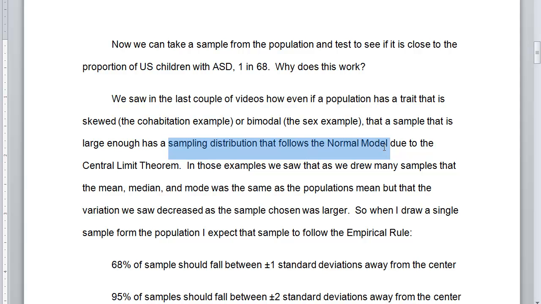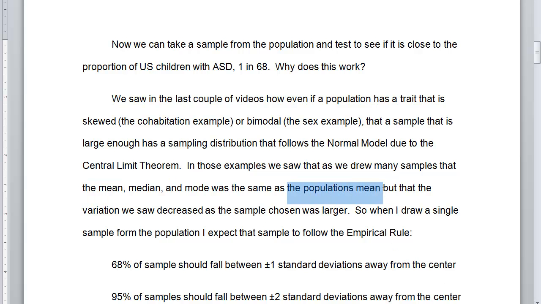In those examples, we saw that as we drew many samples, the mean, median, and mode were the same as the population's mean, the population's center proportion, but that the variation we saw decreased as the sample chosen was larger. I actually chose a really large sample for this particular example, but the samples fall near the center that the population center is.